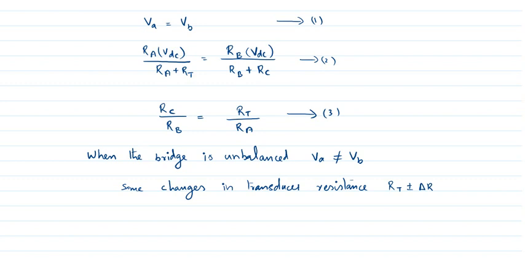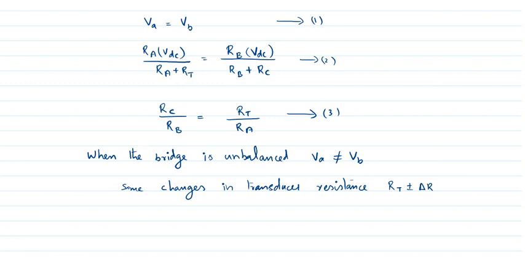However, voltage VA varies as a function of the change in the transducer's resistance. So RT changes, which means VA will change accordingly.